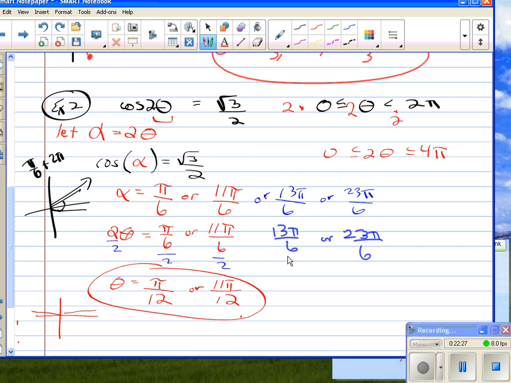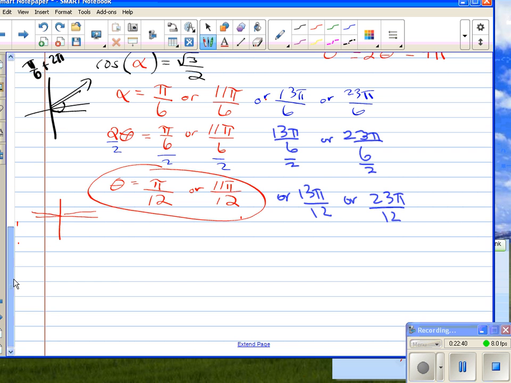So I still would divide by 2. So then I end up with 2 more angles of 13 pi over 12 or 23 pi over 12. And now I have all the solutions within one rotation.